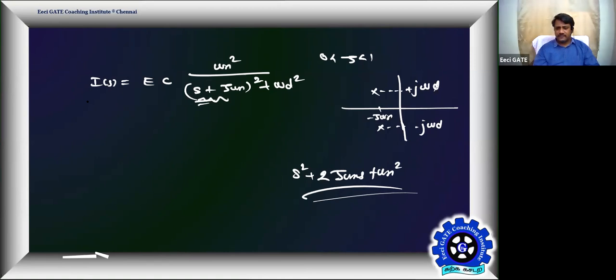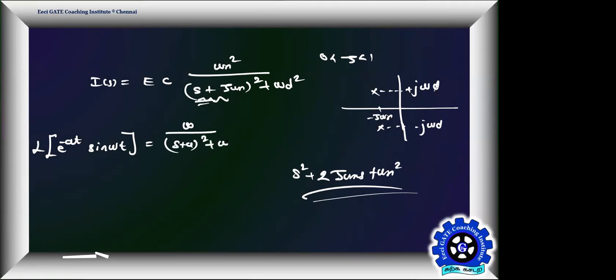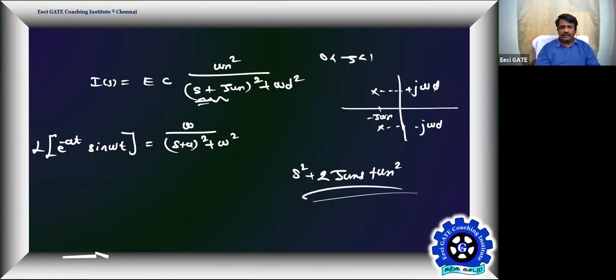Yes. Then we remember the identity: Laplace of e^(-at) sin(ωt) is ω by (s plus a) whole square plus ω². That's the purpose. I need to make this in the form of the Laplace identity. Now let us find i(t) after modifying this.